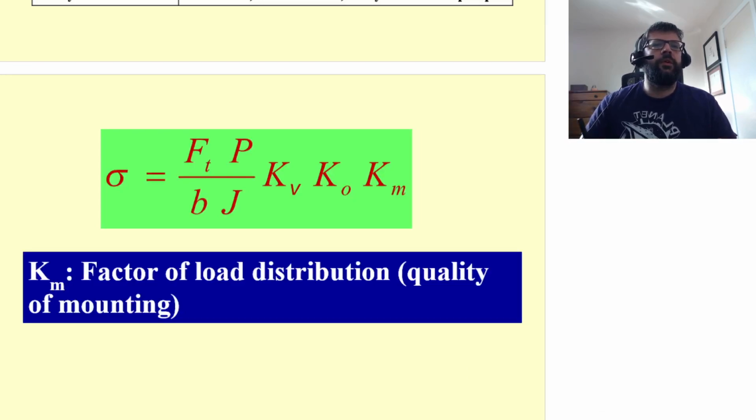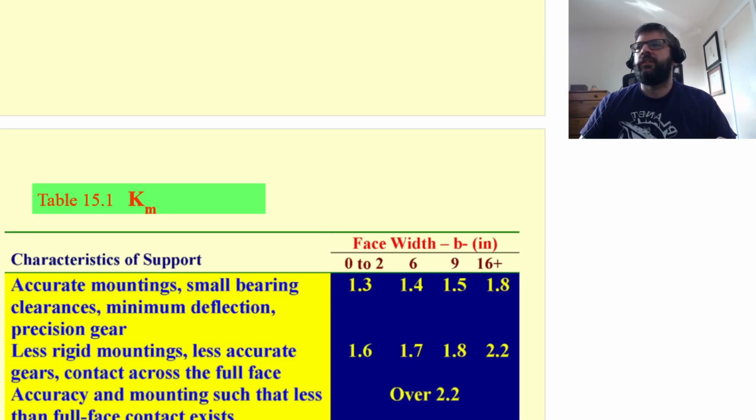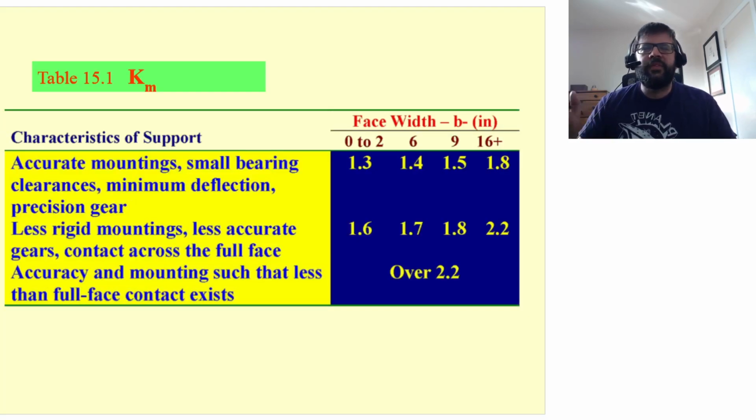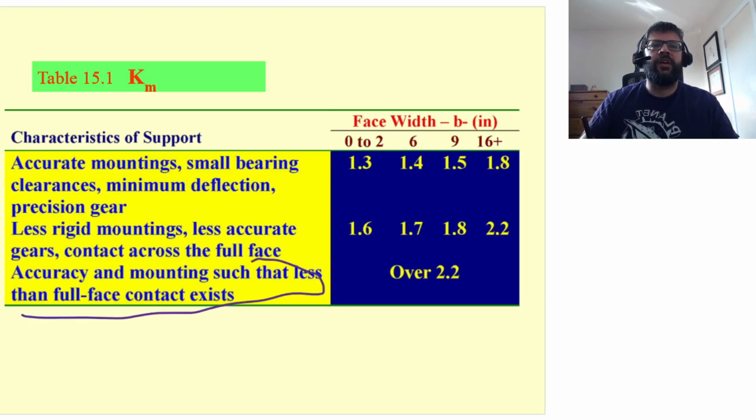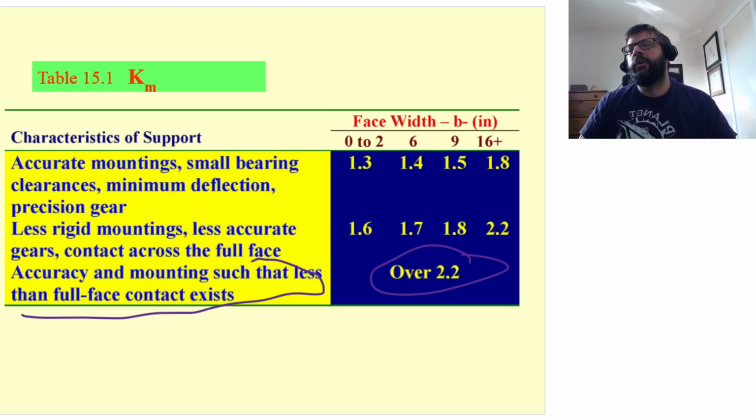And then our load distribution. Our Km is for mounting, our mounting factor, the quality of mounting. This is a bit of trying to assign a number to a qualitative analysis. If you have really bad mounting, so you don't actually have full face contact, then we're looking at something over 2.2, and you should probably do some more analysis to get a better idea of what that is.